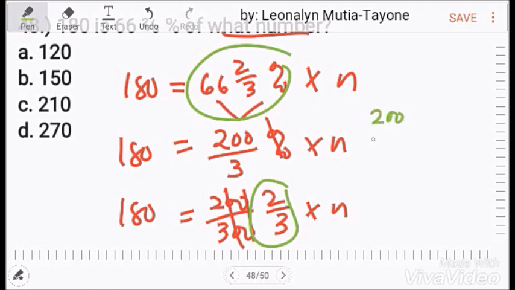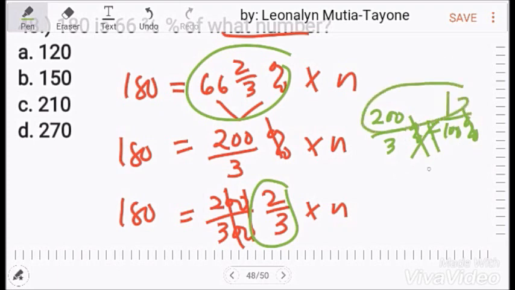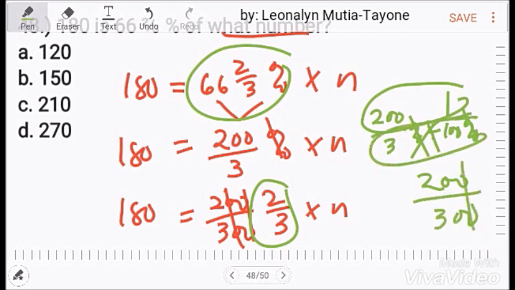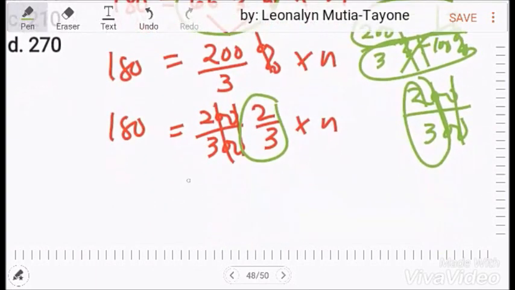Itong 200 over 3%, kung mag-divide tayo ng 100% para makancel itong percent sign, so ito maging multiplication si division, at ang reciprocal ng 100 ay 1 over 100. So, 200 over 300. So, i-cancel mo lang ng dalawang 0, naging 2/3 na siya. Kaya 2/3 na yan. Ngayon, para ma-isolate itong letter n na hinahanap natin, 180 divided by 2/3.